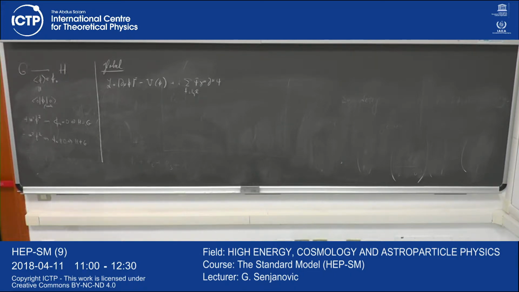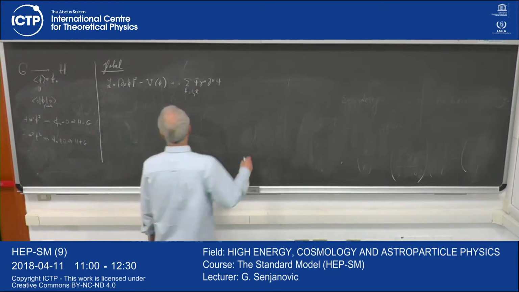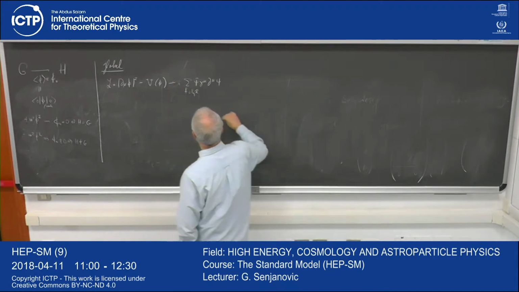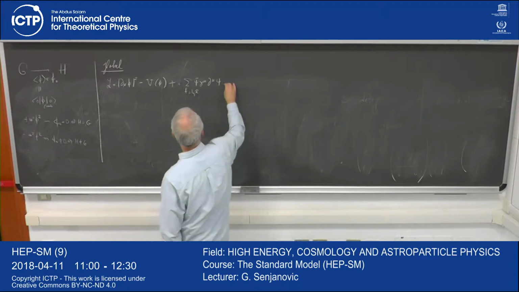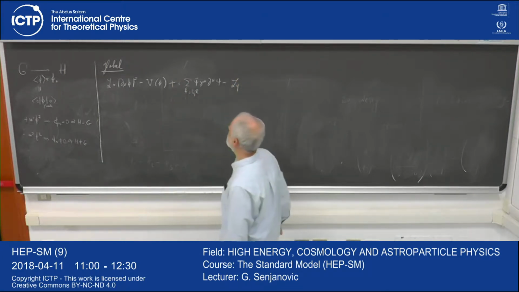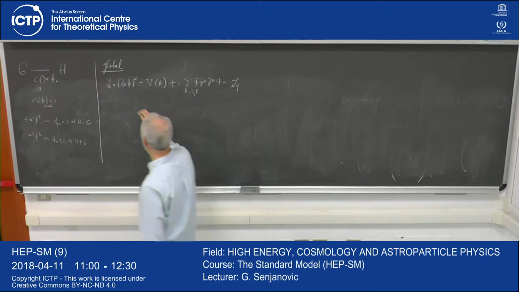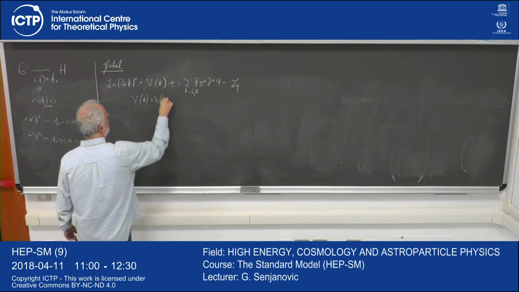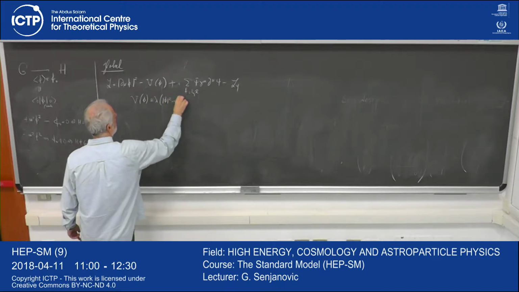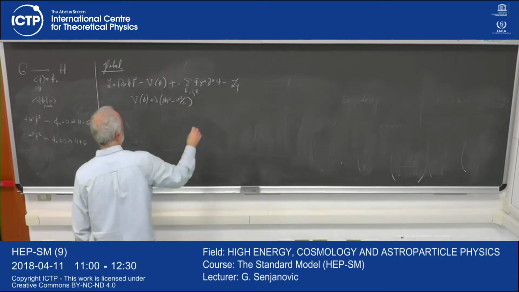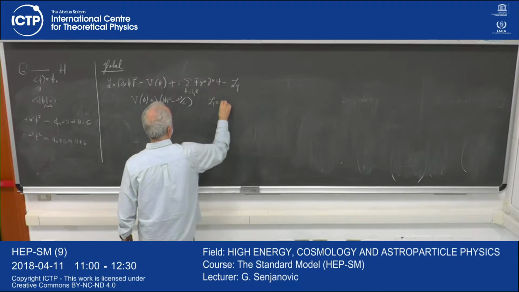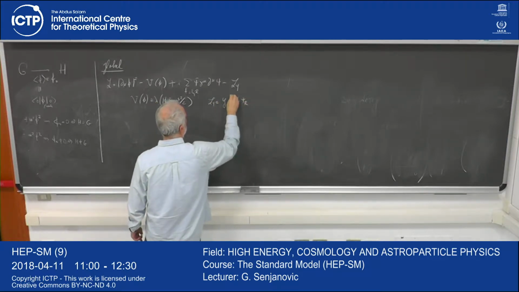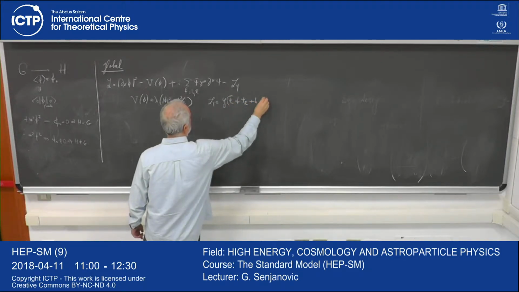These are the irreducible representations of the Lorentz group. Kinetic energy minus Yukawa interactions, and you've seen this already, ad nauseam: phi squared minus v squared over 2, and the Yukawa term, psi L phi psi R plus Hermitian conjugate.